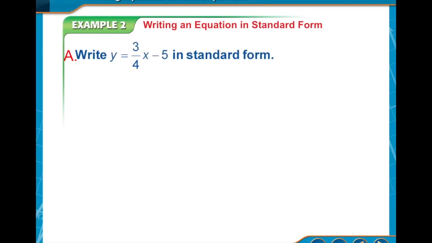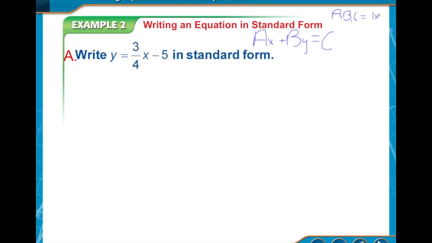Now the second type of example asks us to write in standard form. And we have this in notes from last chapter, but we remember standard form. We had those capital letters next to our variables, and we had our x's and our y's on the same side, and they were equal to a number. So this is our standard form, where A, B, and C are all just numbers.